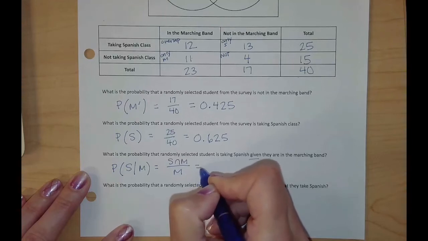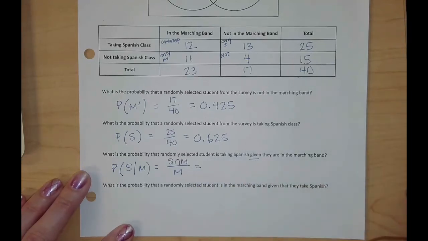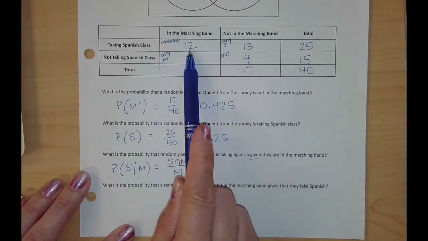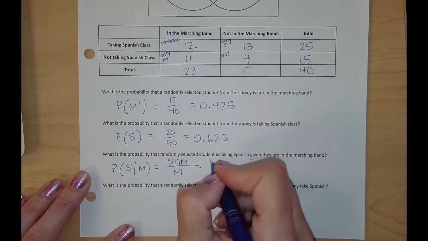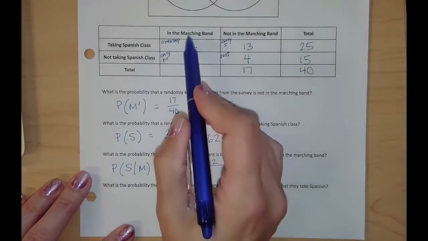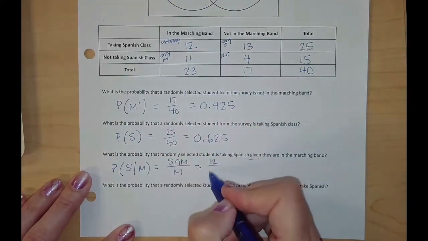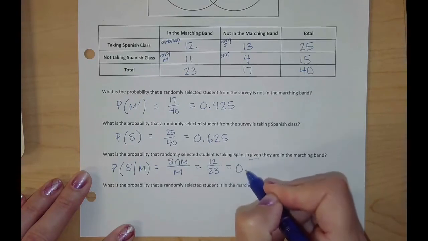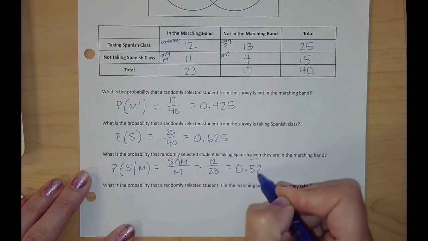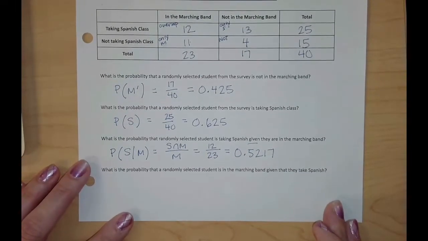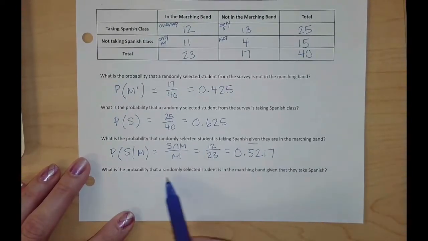When I look for the intersection of Spanish and marching band, it's 12. So 12 is my intersection, and then just marching band, in marching band, is 23. I'm going to put that in my calculator and get 0.5217.